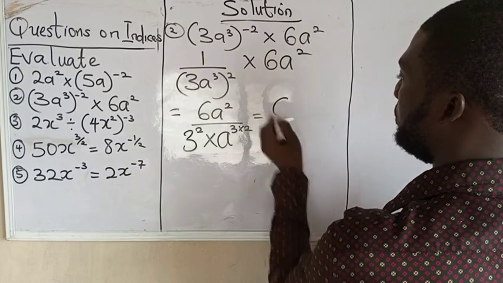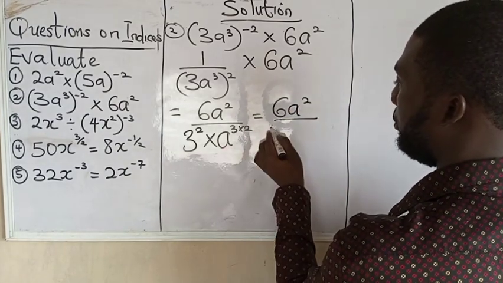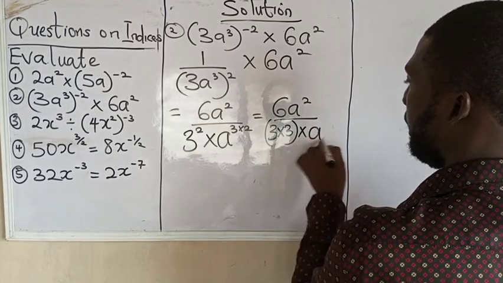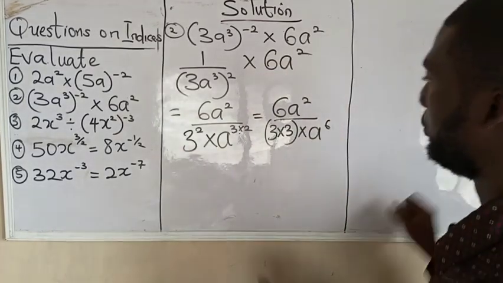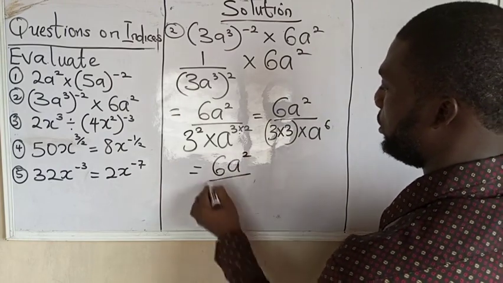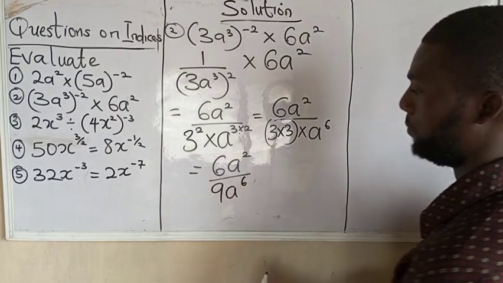So we have 6a^2 over 3 times 3 times a^6. Let's not forget that 3 squared is 3 times 3. So I can as well say this is 6a^2 divided by 9a^6.